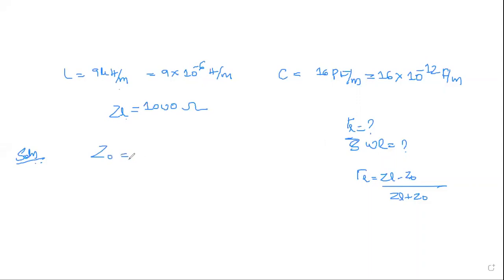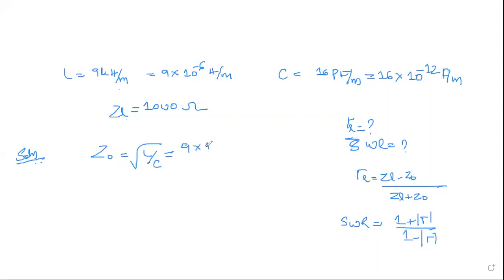Root L by C. Yeah, you have been given the constants L and C, so you can use root L by C, the formula which you have derived for characteristic impedance. Substitute, find out the answer, then substitute into the reflection coefficient equation. Based on this, you can find out what is SWR, that is 1 plus magnitude of reflection coefficient divided by 1 minus magnitude of reflection coefficient.